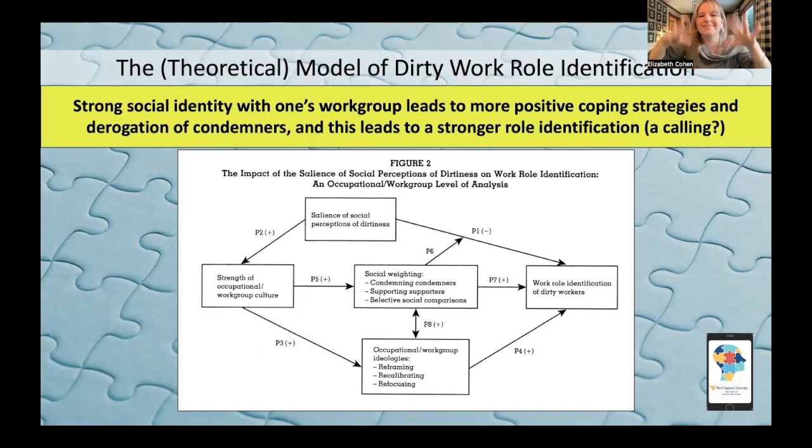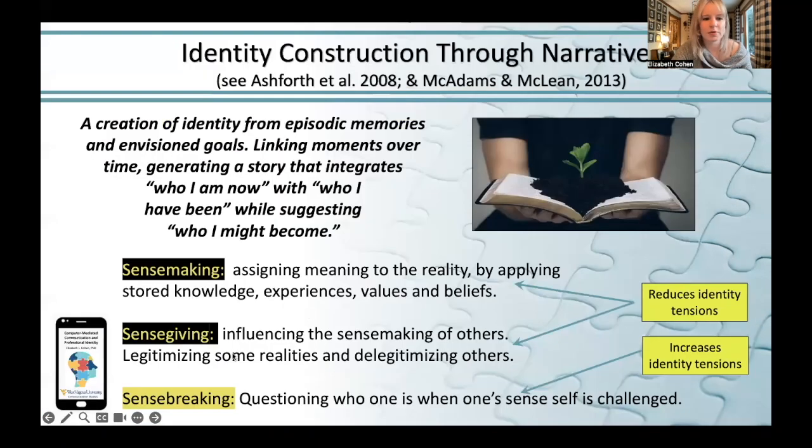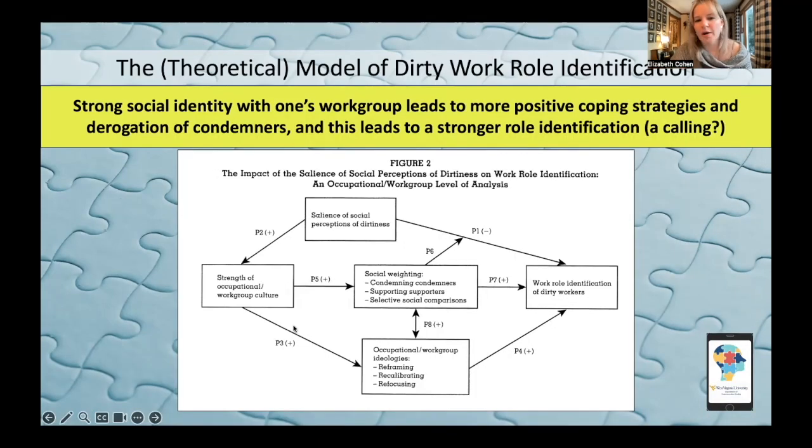At the end of the day, what I would like you to take away from this, I know it's a complicated model here, and you don't have to worry about all of these P's. These are premises that could be tested, and he has done some of this work afterwards, but don't worry about that. Just look at this picture of how it all starts with social work group culture. It's all about that social support.